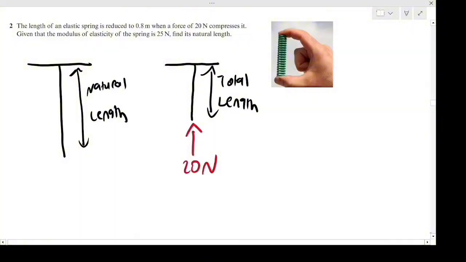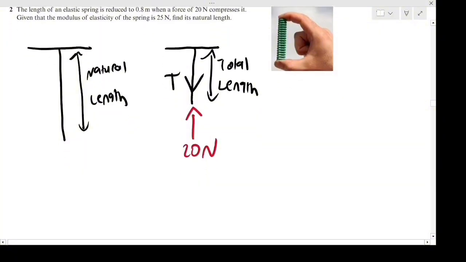It's going to act the other way. So the force in the spring is going to act downwards to push it out, opposing the compression. This is going to be a thrust force now because it's compression.